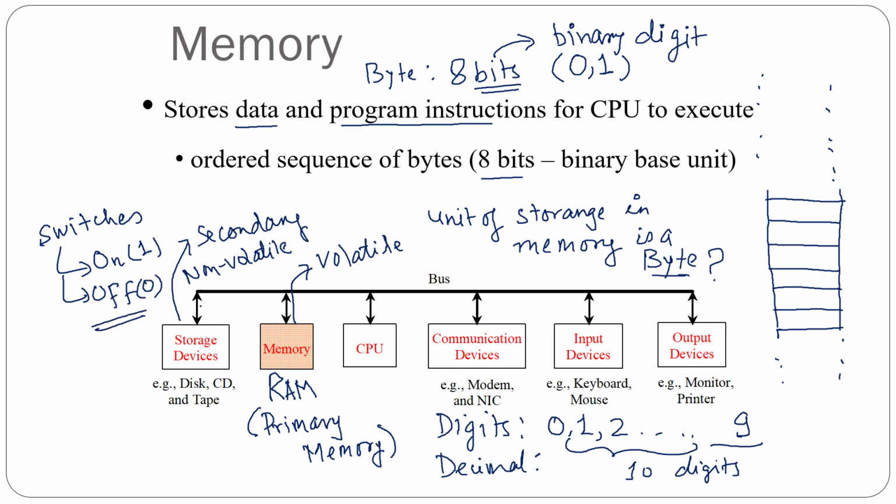So ultimately, how is data represented? It is represented as a sequence of zeros and ones.